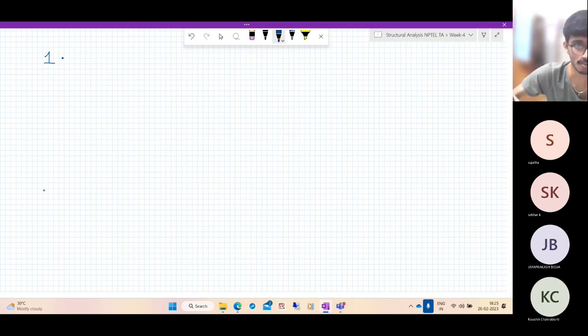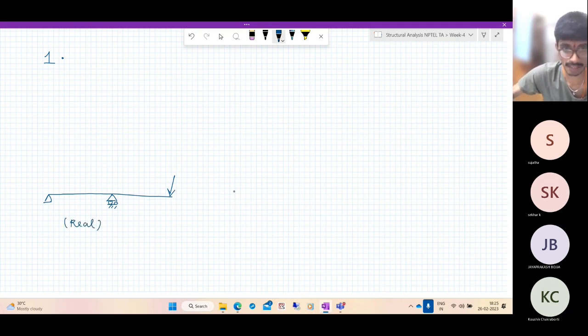Let me draw a beam. We have some beam, and it is subjected to some load. So this is the real system. Suppose we are interested in finding the deflection of this point, call it delta. Now we'll consider the virtual system.